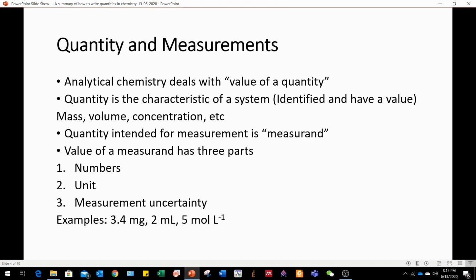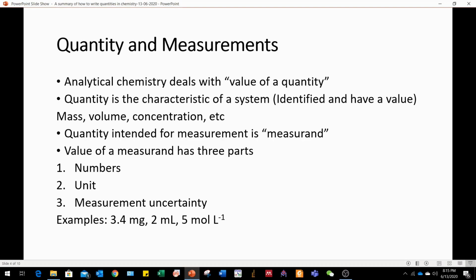So what is a quantity? It is a characteristic of a system or of a device that is identifiable and has some value. For example, mass, volume, concentration, and there are many examples in this context.